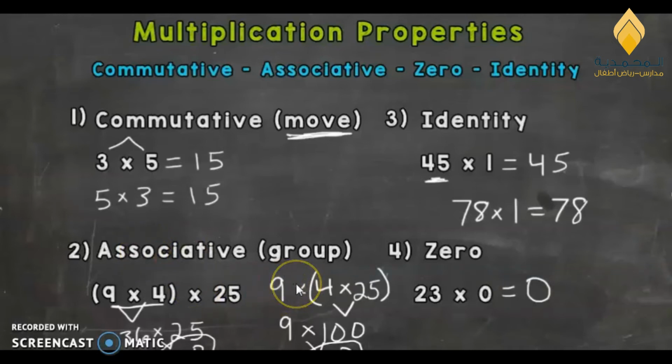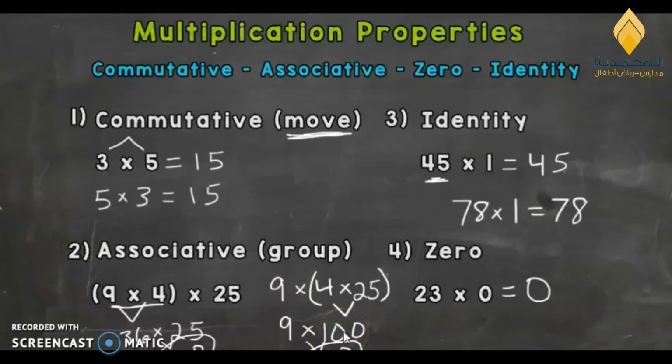We can use the associative property to help us do it mentally. We can group the numbers like this. Put the 9 here and put the brackets around the 4 and 25. Don't forget to put the multiplication sign. Now we can use our mental math because we can do this first: 4 times 25, which equals 100, because everyone knows that 25 times 4 equals 100. And then multiply it by 9.